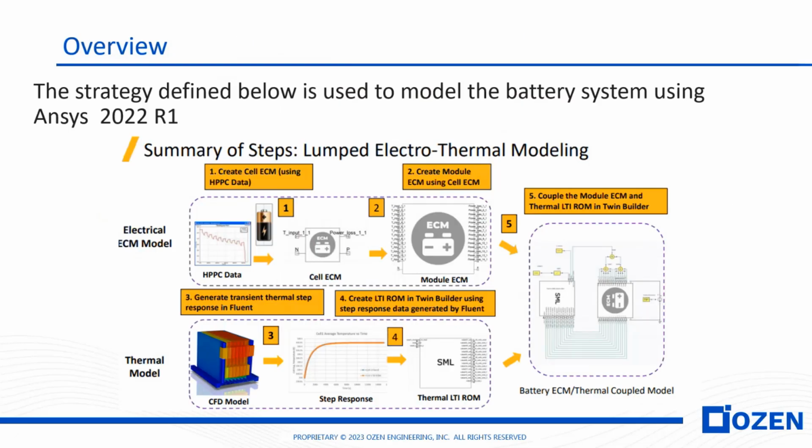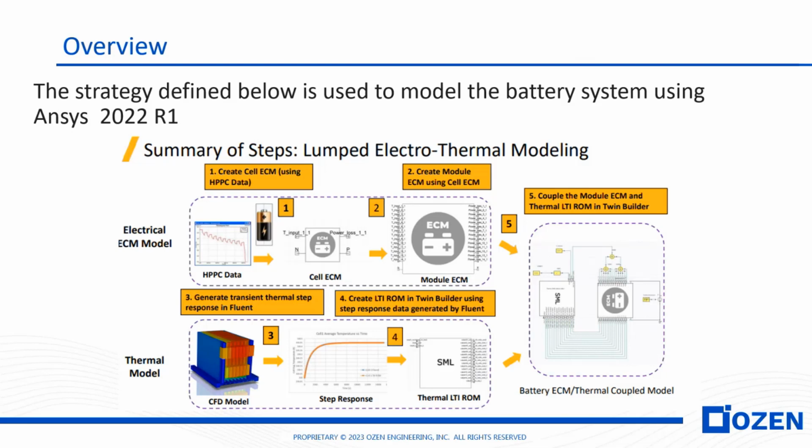So what's the strategy? I touched upon it a little in the previous slide, but if we were to define it task by task, we're going to do a lumped electrothermal modeling approach. So first, we're going to create an equivalent circuit model for our battery cell.